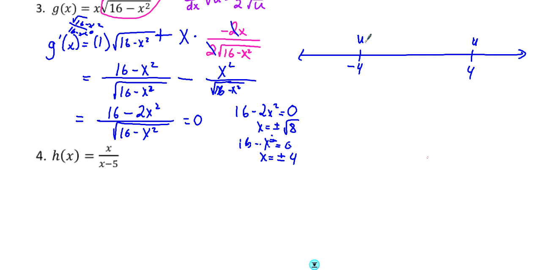Now the square root of 8, that's in between 2 and 3. So let's put the negative square root of 8 here and the positive root 8 here. Those are our zeros. So now, the bottom.